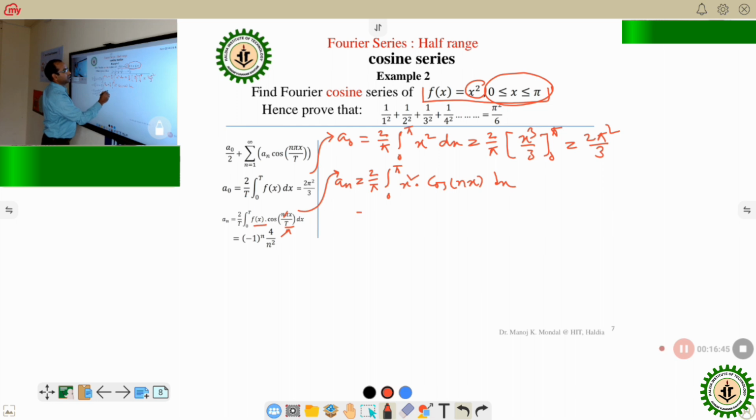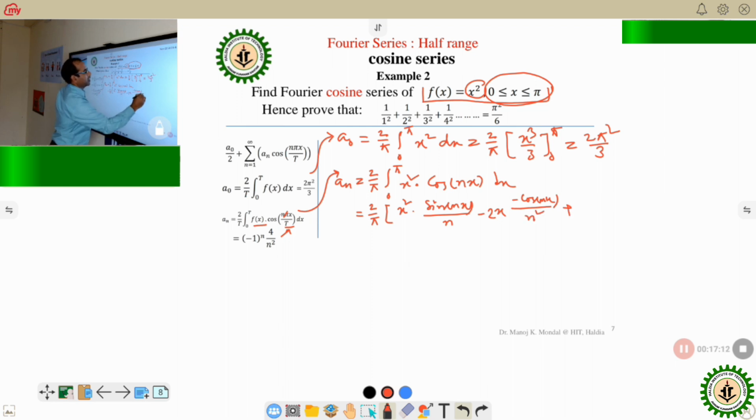Next we have to take the integration by parts, 2 by pi, x square first function fixed, cos nx integration sin nx by n, minus derivative of the first function 2x, integration of sin nx is minus cos nx by n square, plus 2 derivative of 2x, and this is 2 sin nx by n cube, and limit 0 to pi.